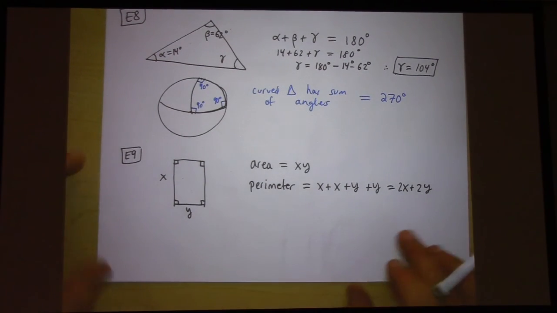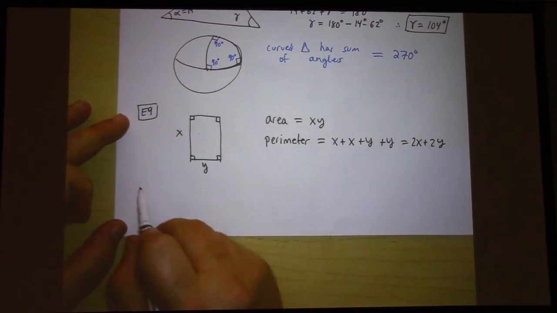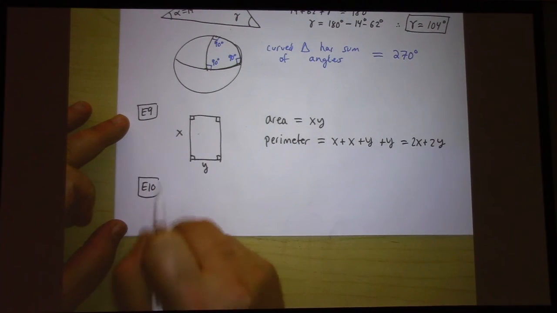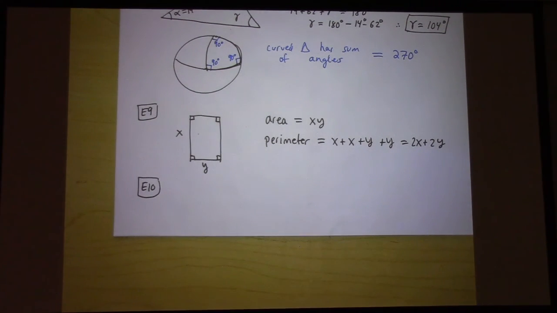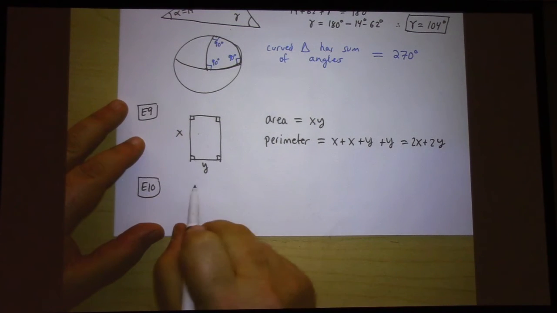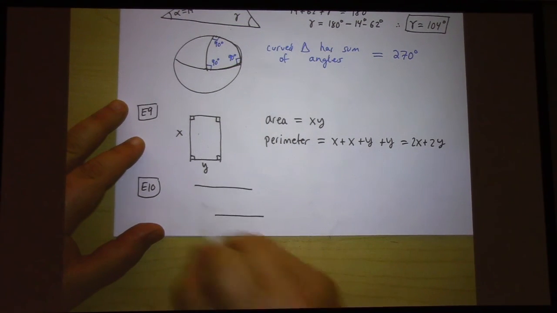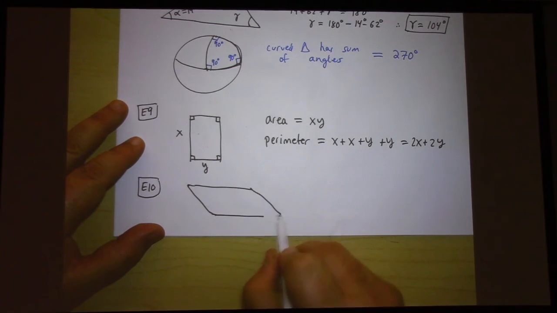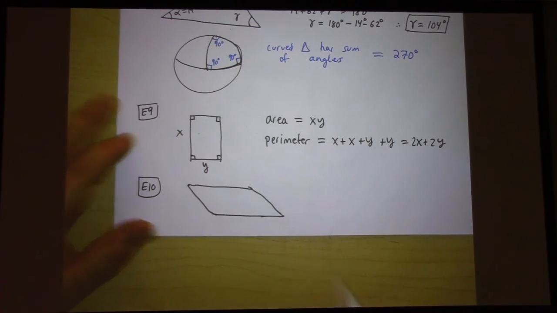Example 10, I'll fit it in here, is what's called a parallelogram. A parallelogram is formed by two sets of parallel lines. That was supposed to be straight, sorry. I tried, and I failed.